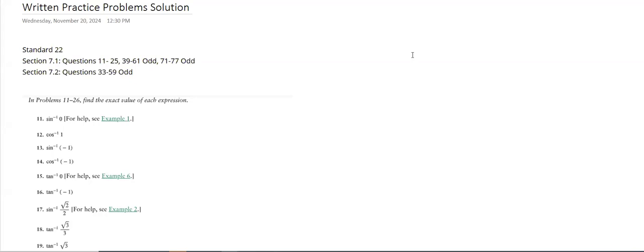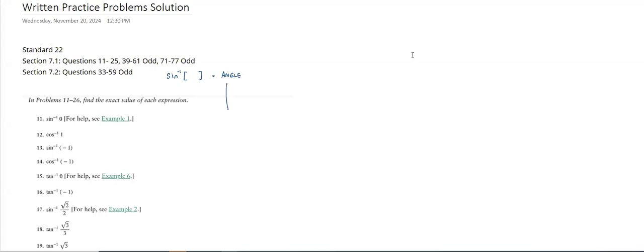So here you have to remember that the input to an inverse trig function is some real number and the output should be the angle. So when the question asks you sine inverse of 0, what are you going to look at?